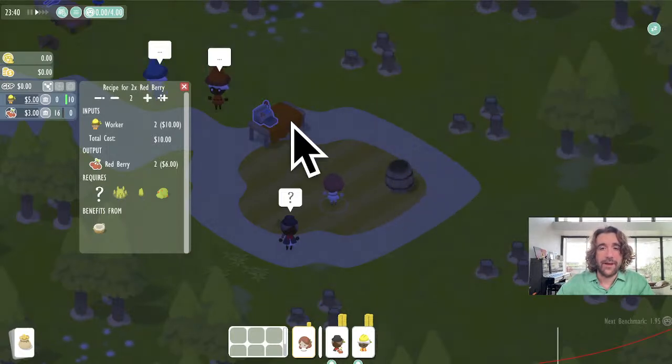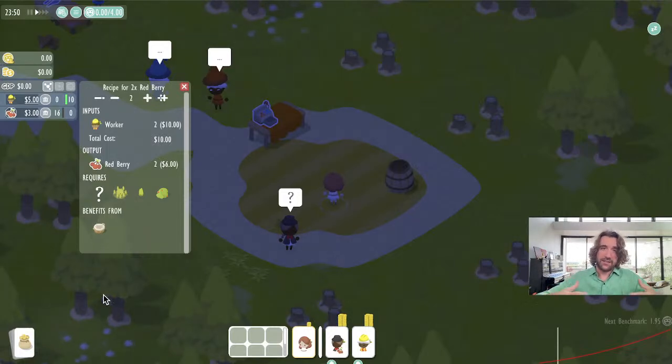So the barrel and the cash register here are fixed factors of production. You don't need more cash registers or more barrels as you produce more. You just need one of them, and then you can increase the quantity that you produce without really needing to increase the amount of these fixed factors.